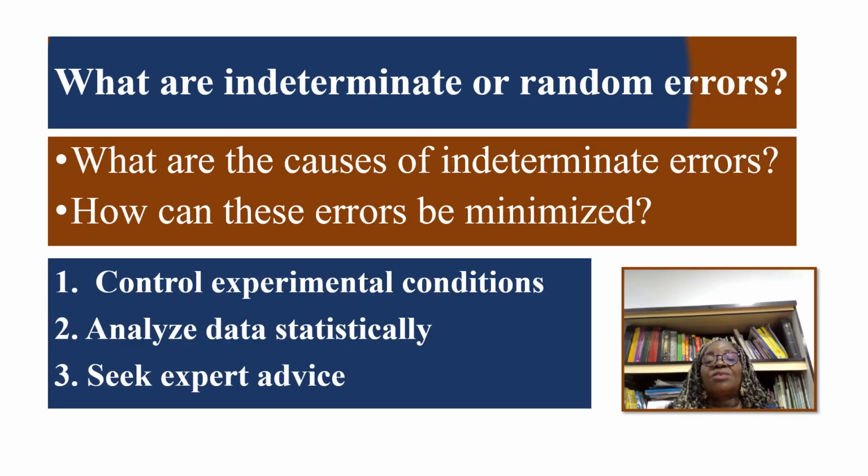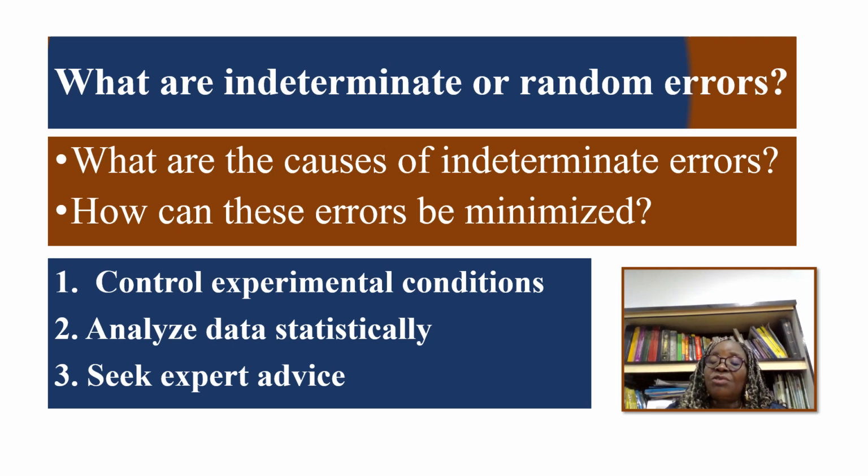What are indeterminate or random errors? These are errors that we do not know the causes. This error could be caused by vibration of your equipment. Maybe a heavy-duty truck passing through that environment, and then you are in that lab that is facing the major road.